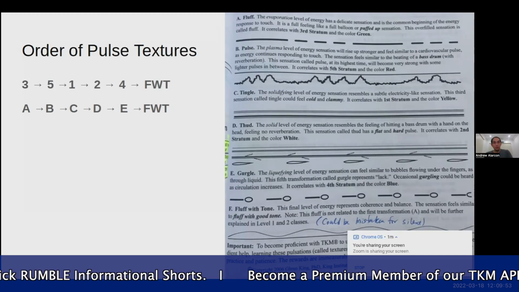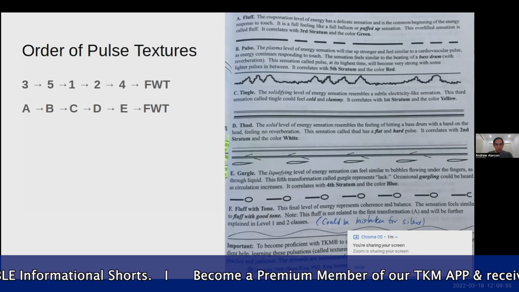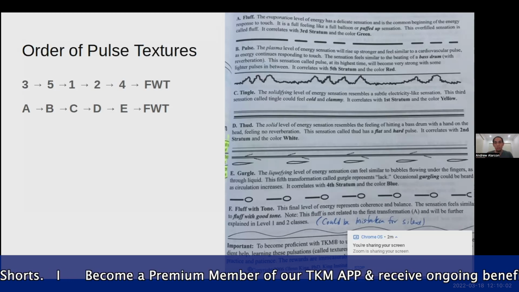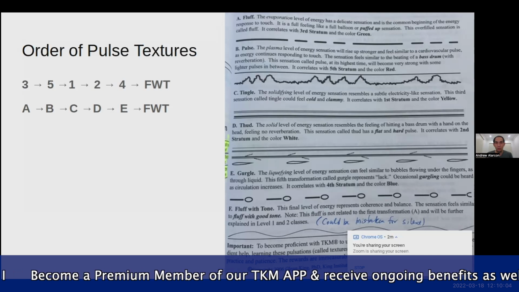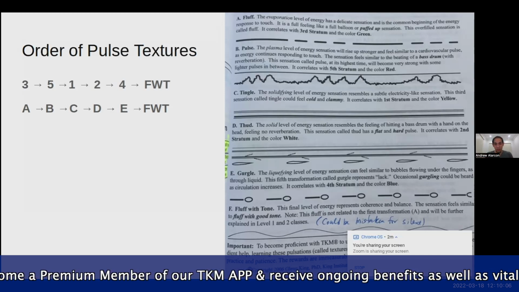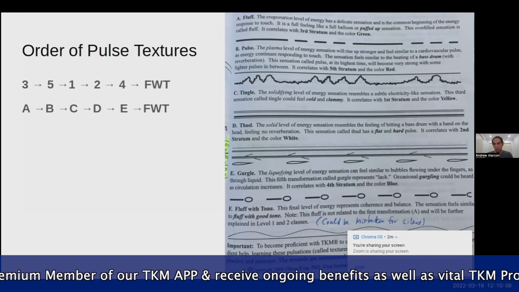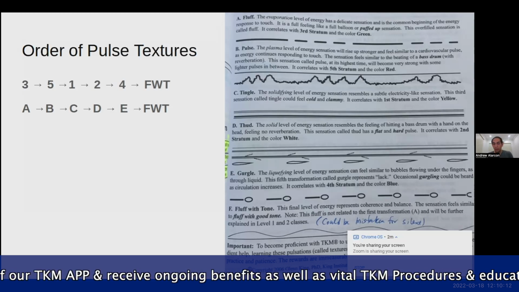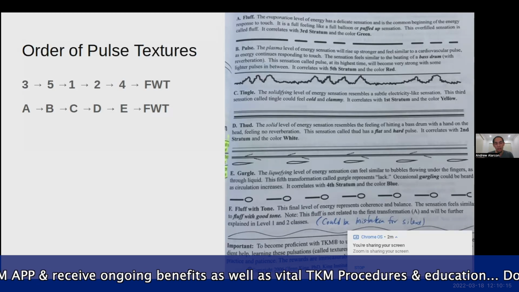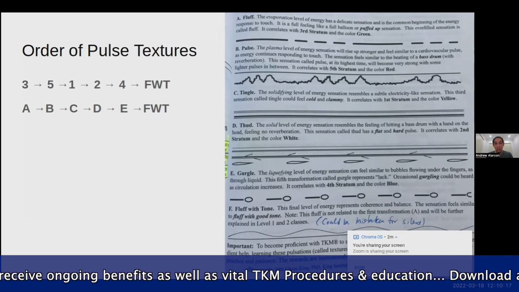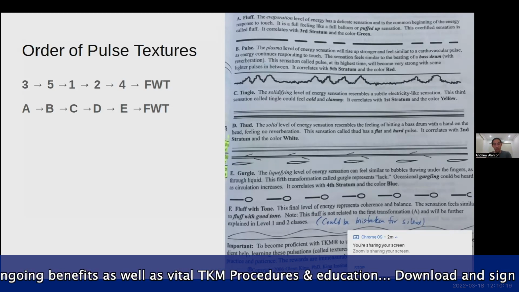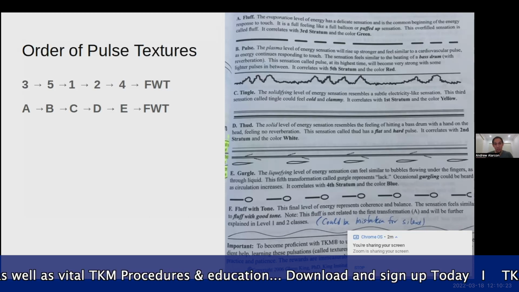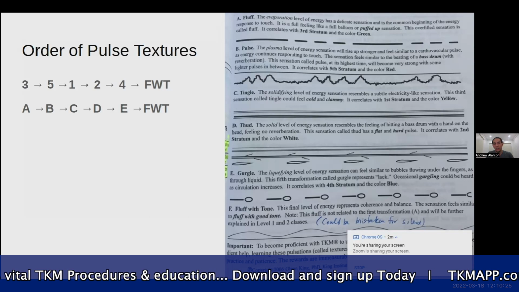Okay? So I just wanted to cover the basics of it. In discerning pulses, since this is something that you need to physically feel, it's always difficult, even for Dr. King, to vocally or verbally describe the sensations of these textures, because what you're feeling is very, very subjective.